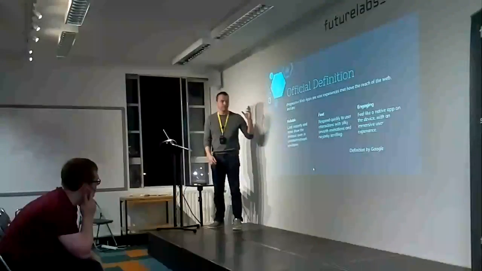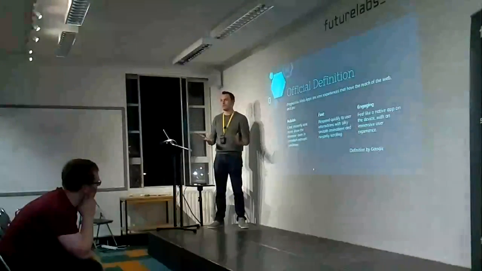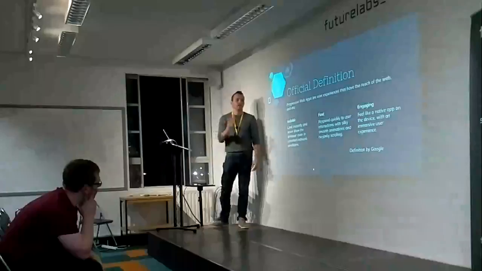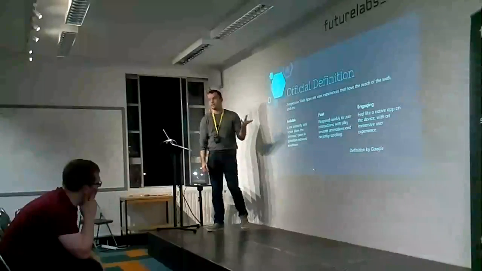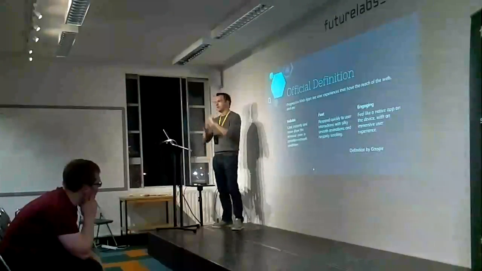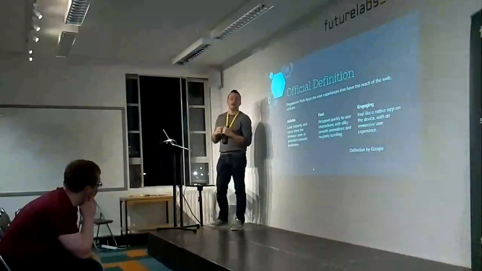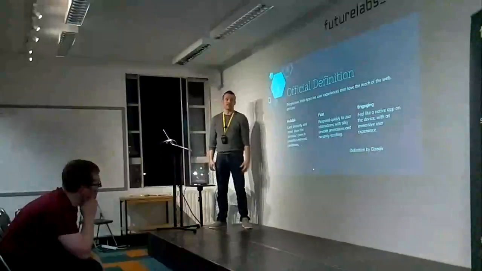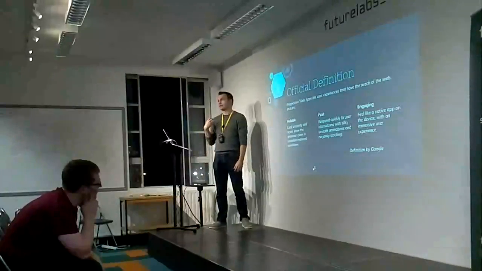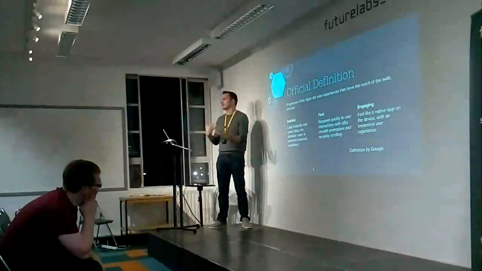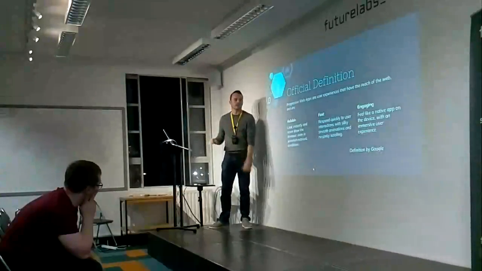So essentially, you can load the app all the time and you never see the error. They are fast, so they respond quickly to users' interactions with nice animations, and yeah, they feel native. Engaging, so as they feel as a native app, and you can engage with the user in the same sort of ways as you would do in a native application.